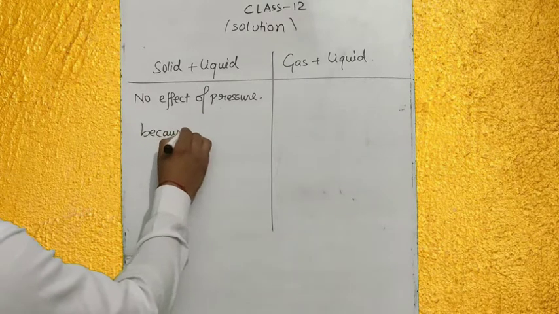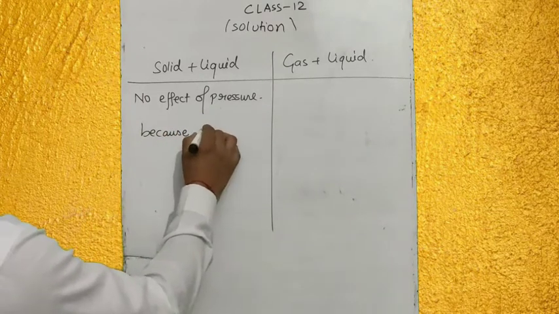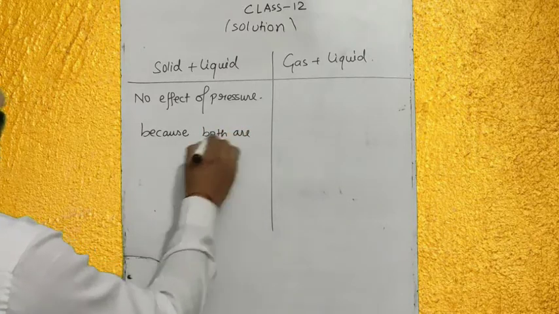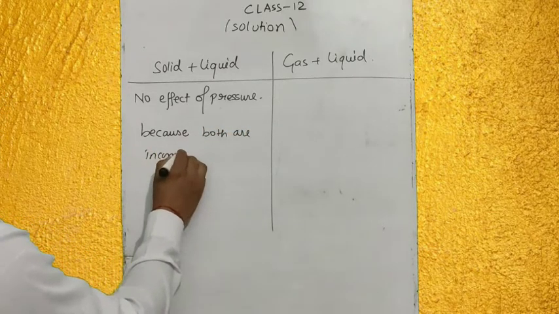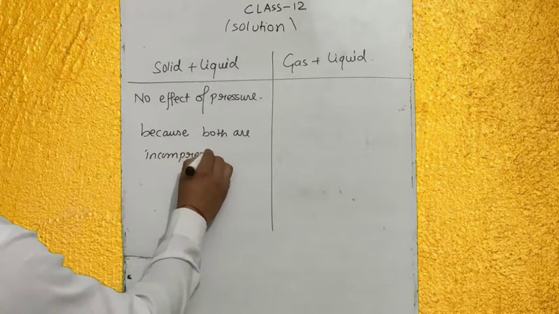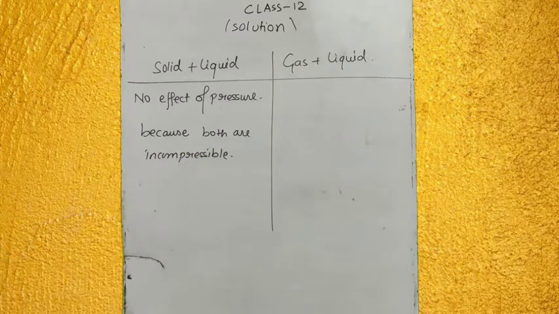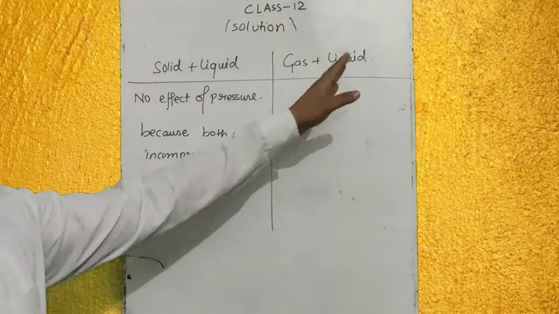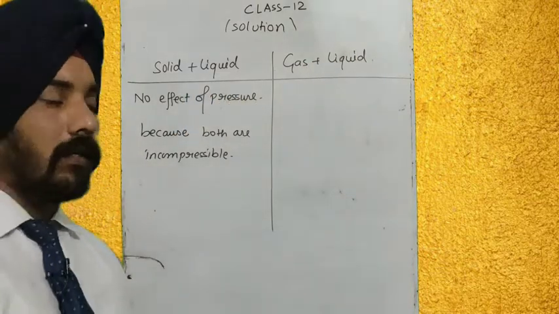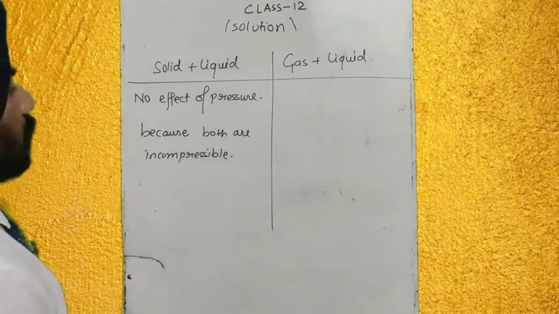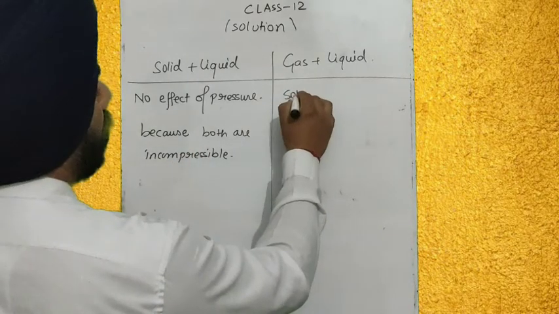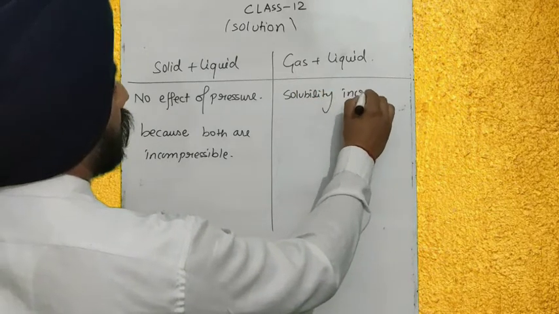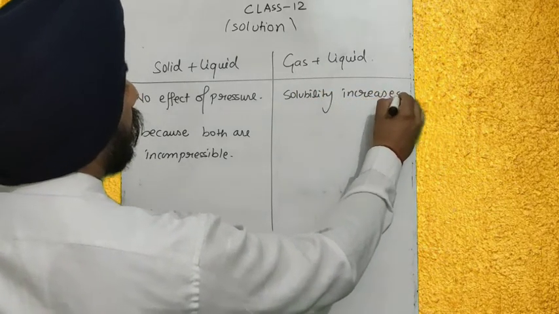Because solid and liquid are both incompressible. Instead of solid plus liquid, if we take gas plus liquid, then solubility increases. Why does solubility increase?